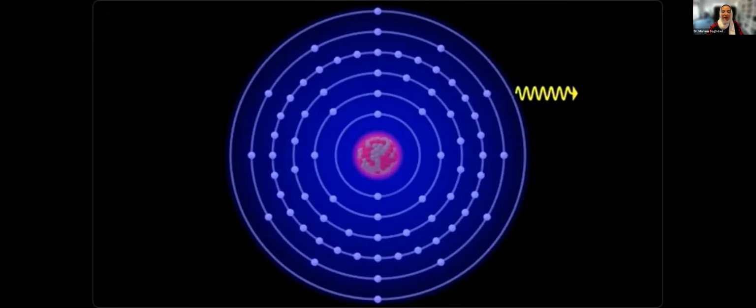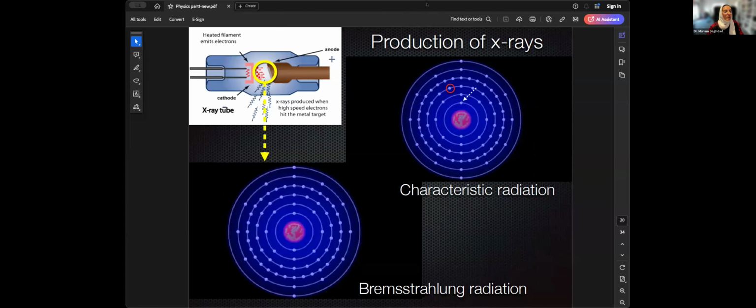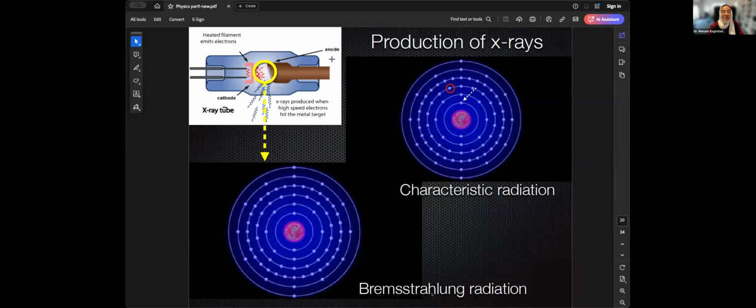Okay, so let's go back to our presentation. Here it is. Okay, so if we go back here, what you're going to see is the production of X-rays happens when we boil off electrons from the filament. That will then interact with the tungsten target in two main ways. The two main ways are the Bremsstrahlung radiation, where an electron will come in very, very close to the nucleus.